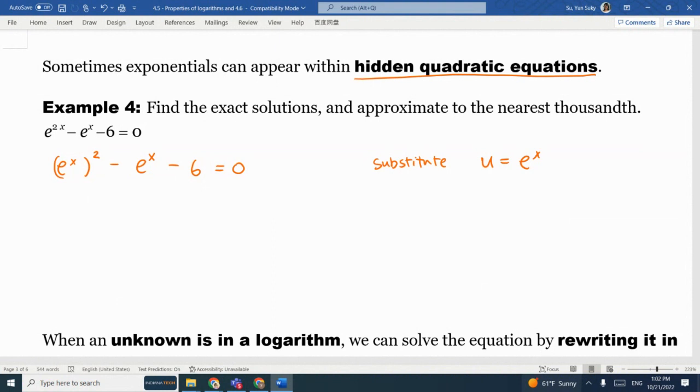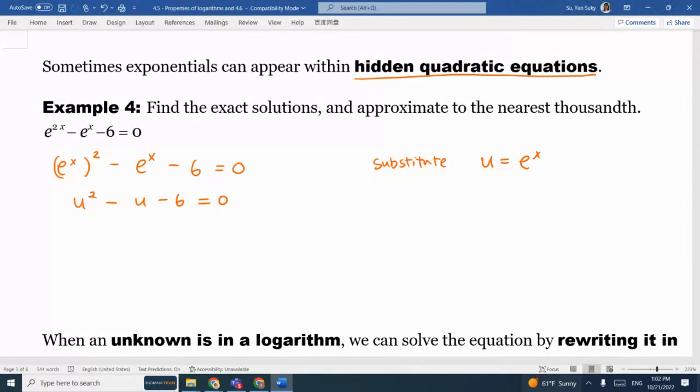Do you see? e to the x is u. Now this guy is u squared, and this is u, and minus 6 stays here. Oh, this is a quadratic equation, isn't it, everybody?